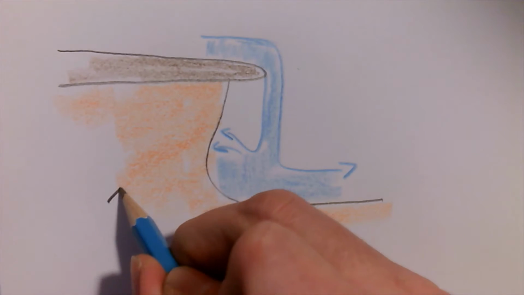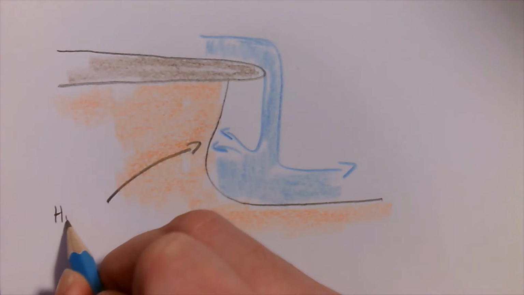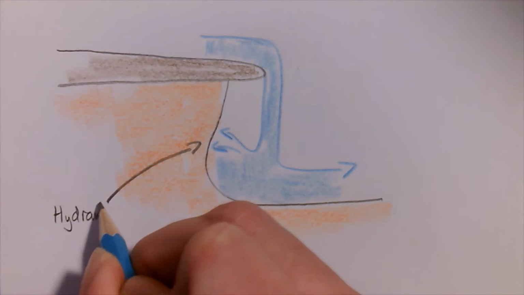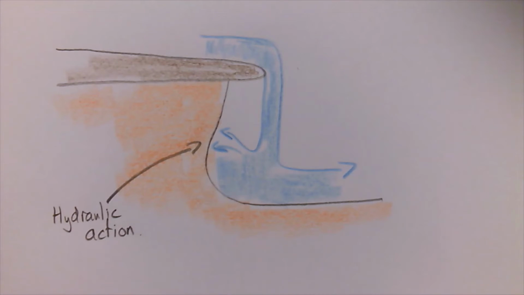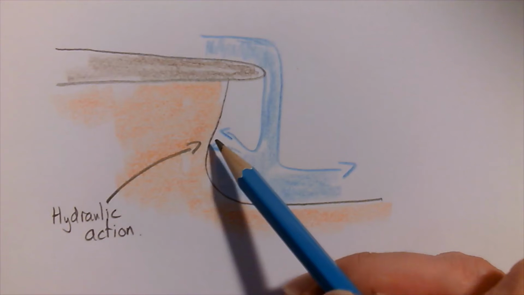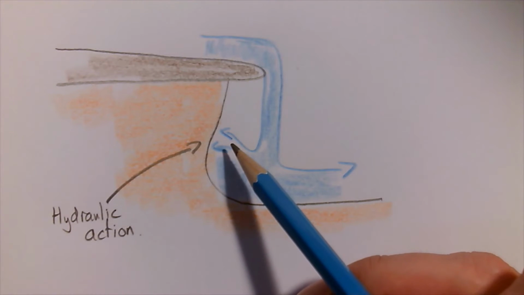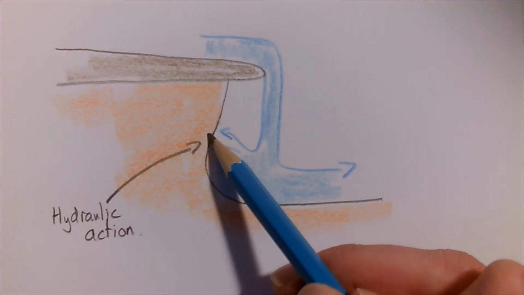This will erode that softer rock by the process of hydraulic action. And that is the power of the water crashing against the soft rock and weakening it.